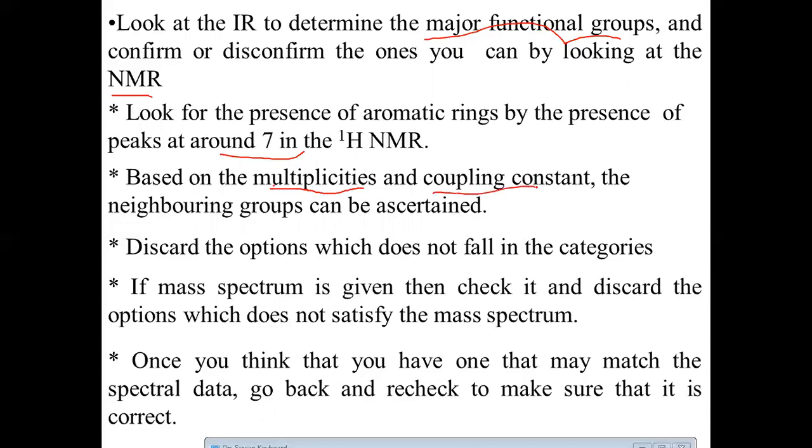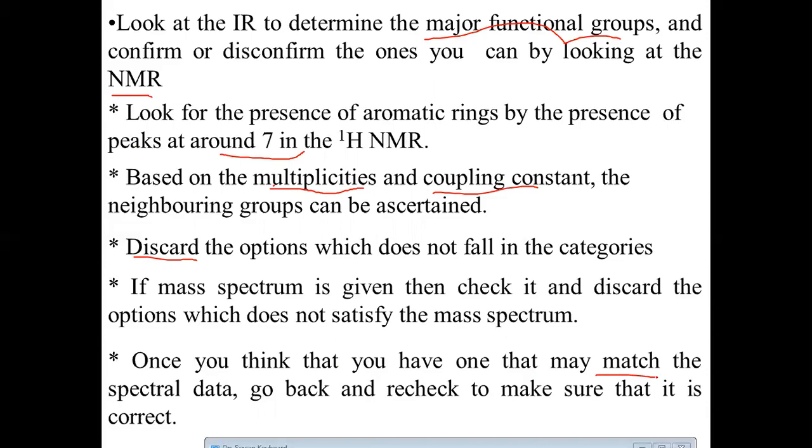Based on that, you can ascertain the nature of the neighboring group. By doing so, you can discard certain options, and then if a mass spectrum is given, you can check it and discard the other options. Once you think that you have the one that may match, you can go back and check it, because each mark is very important.